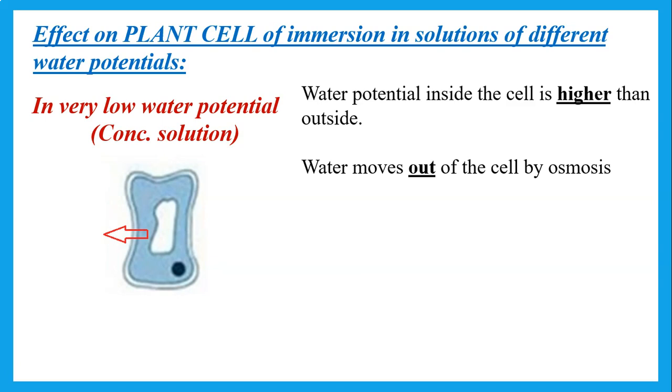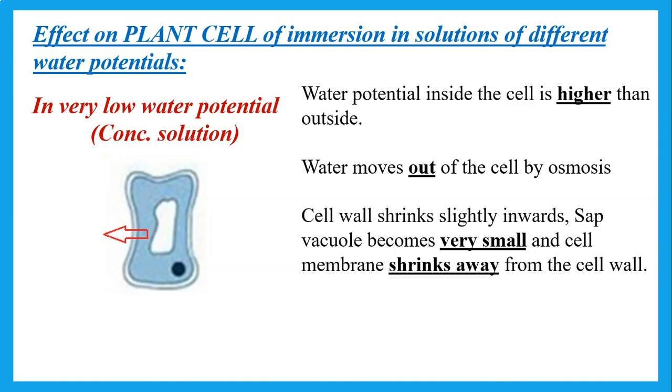Now, when the water moves out of an animal cell, the cell just shrinks. When the water moves out of a plant cell by osmosis, the cell wall will shrink a little bit, the sap vacuole will shrink and become very small, and the cell membrane will shrink away from the cell wall.